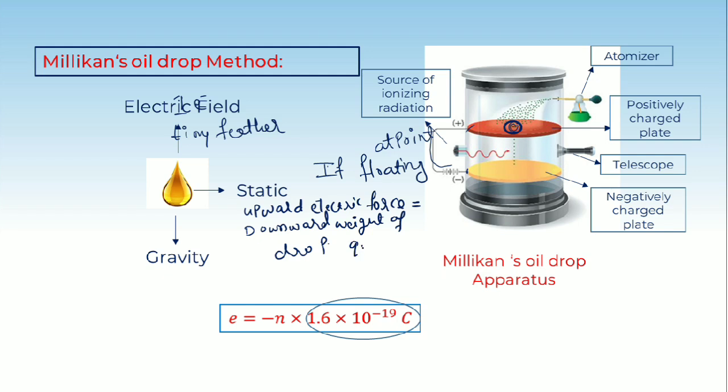That is QE = mg, where Q is the charge on the drop, E is the electric field, m is the mass of the drop, and g is gravity.